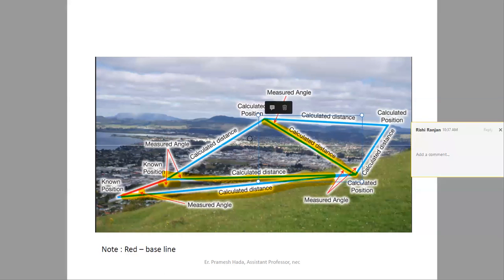Remember, this is not as accurate as trilateration. Triangulation is not as accurate as trilateration, but still we use it frequently because it is relatively easier and includes less field work.